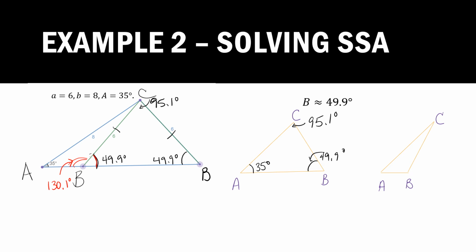So now that I know these two at the bottom, to find the angle up here, I simply subtract these two from 180, and that's going to give me 14.9 degrees. So this angle is 14.9, because I know this is 35, and I know this is 130.1.